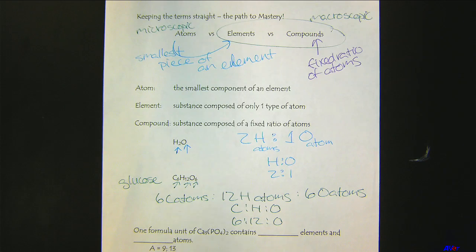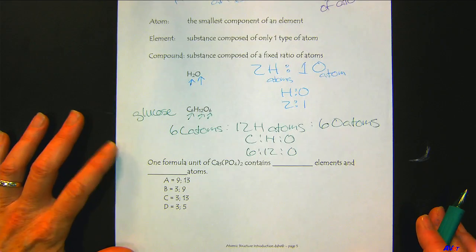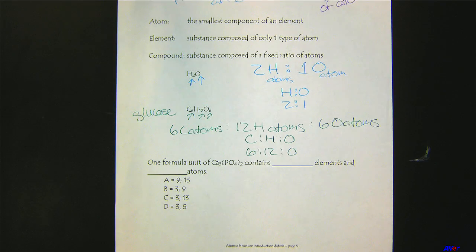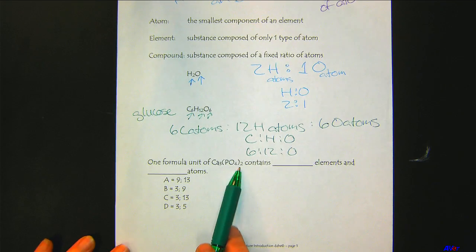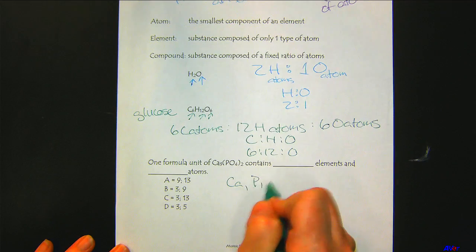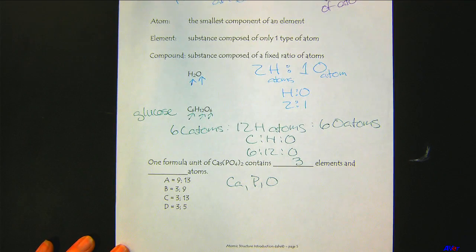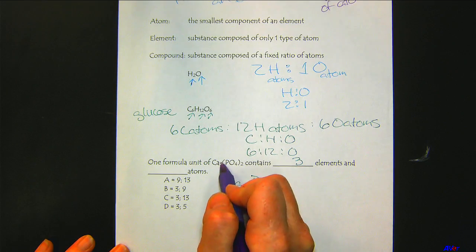Looping everything together that we've learned, let's look at one more thing. If we look at calcium phosphate, how many elements are present? We have calcium, phosphorus, and oxygen, so there are only 3 elements present. But how many atoms? We look at our formula subscripts.